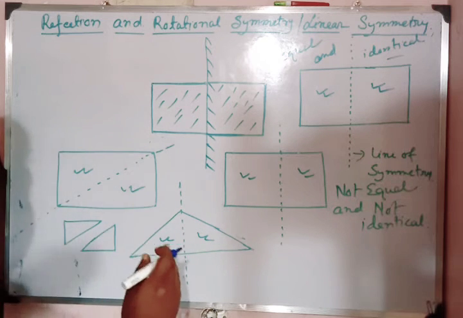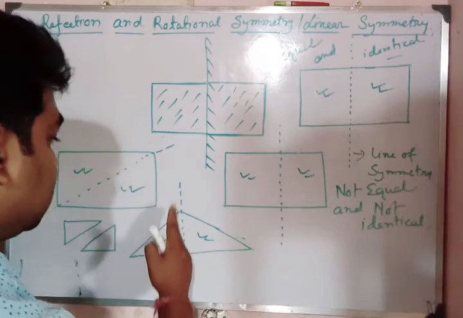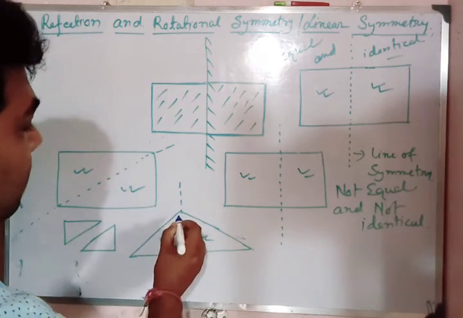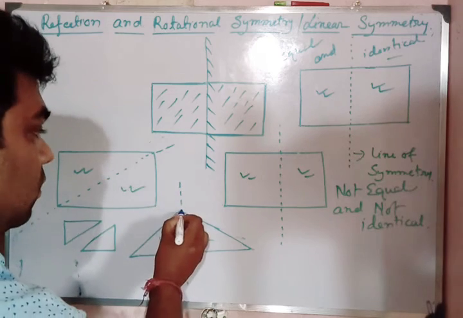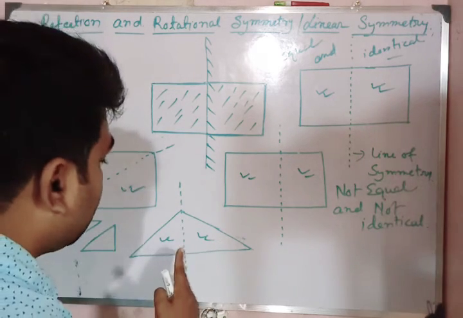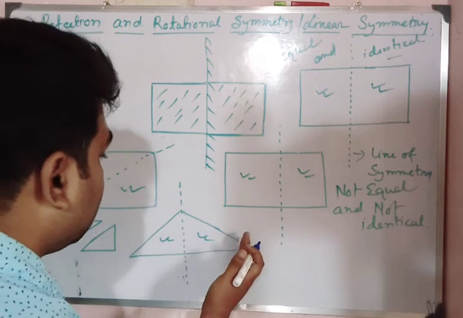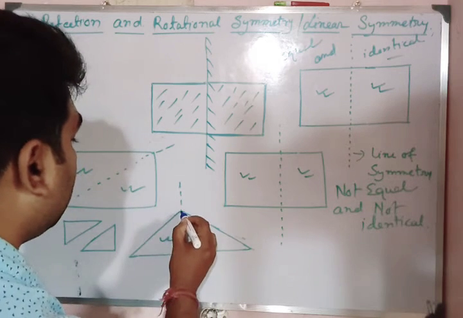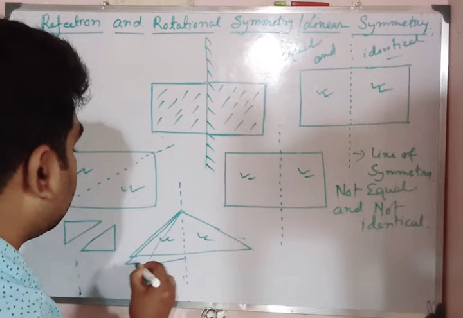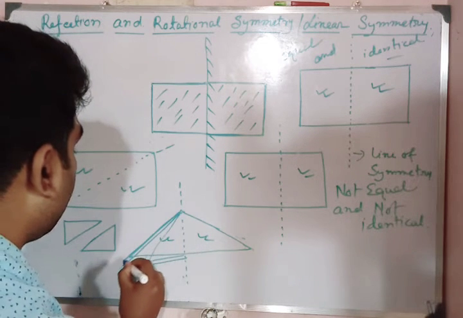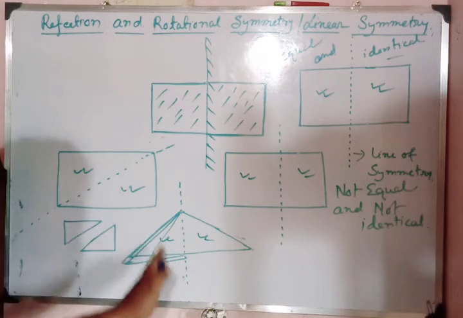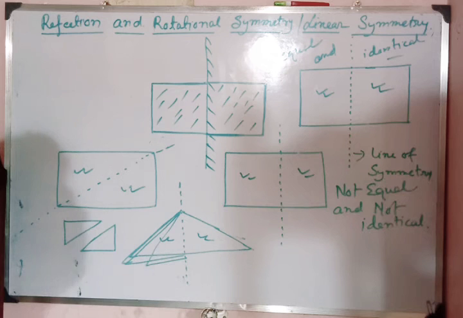It means, suppose one paper is given in this figure. If we cut along this line and fold it, by folding it goes and overlaps with the other part, then this line is called the line of symmetry.